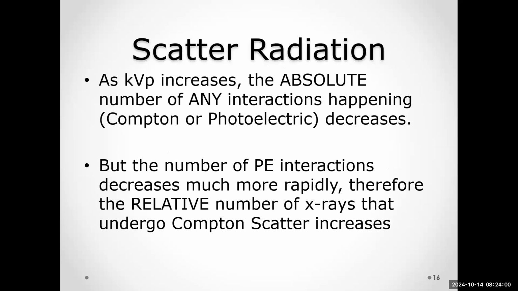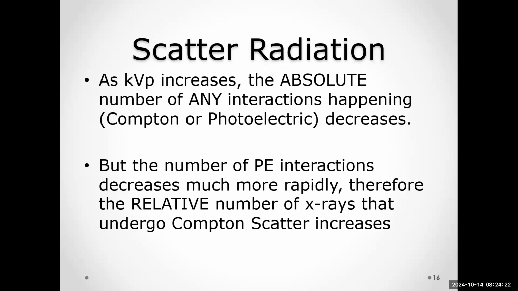So here's where it can get a little convoluted for students. We're going to try to talk through this and help you understand what's happening. Scatter radiation: as kVp increases, the absolute number of any interactions happening decreases. Can we all say that we understand that?